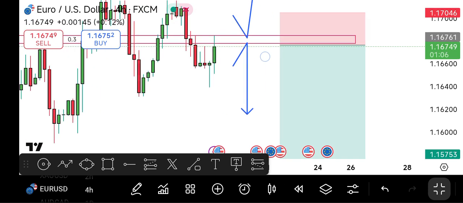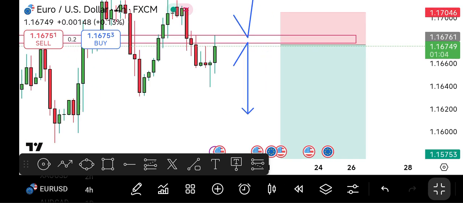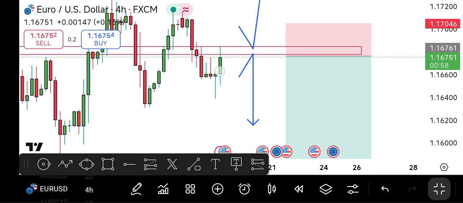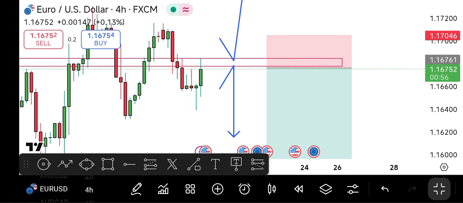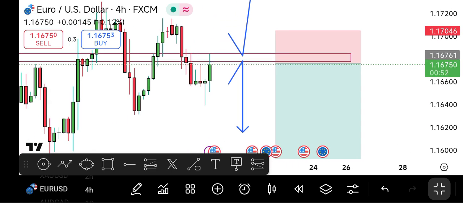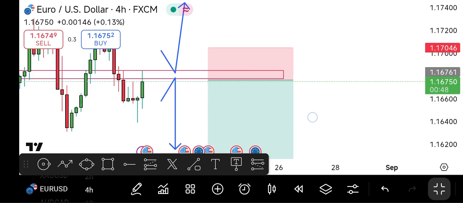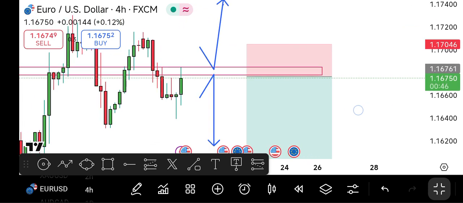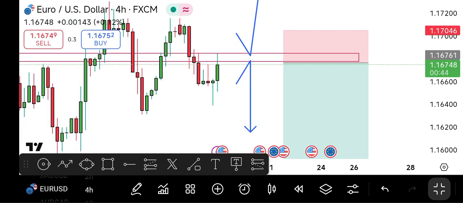Then if at all we are going to enter the sell, we'll be expecting a clean break and retest toward the downside of the market with a bearish engulfing candlestick. After this candle has ended in 47 seconds, we'll be expecting a bearish engulfing candlestick.